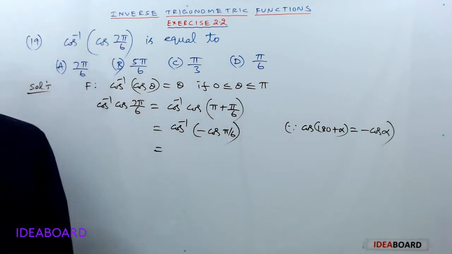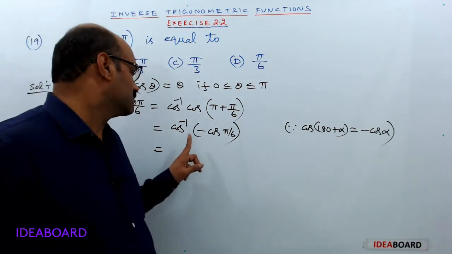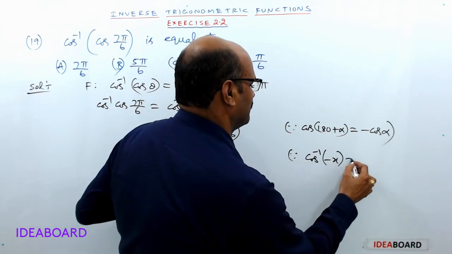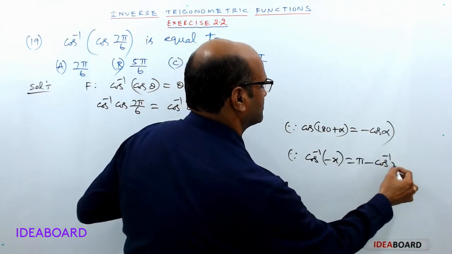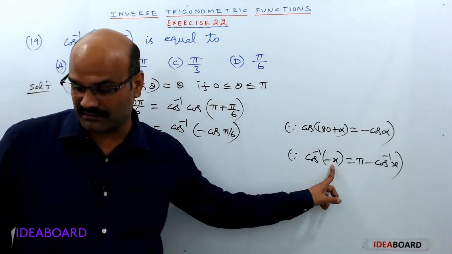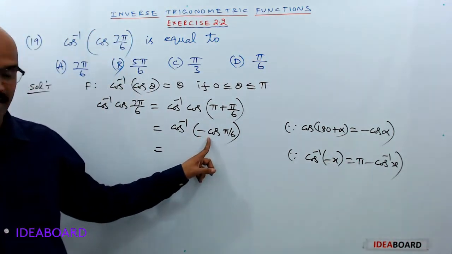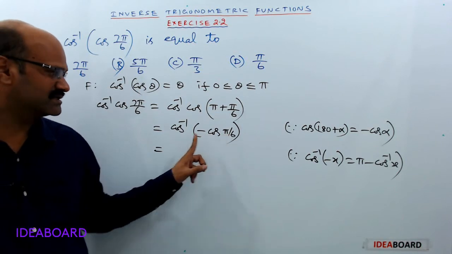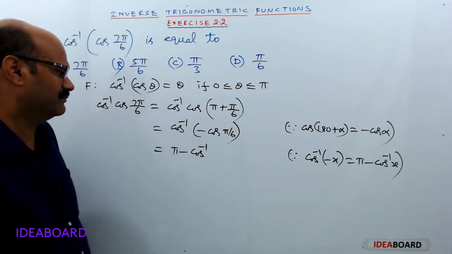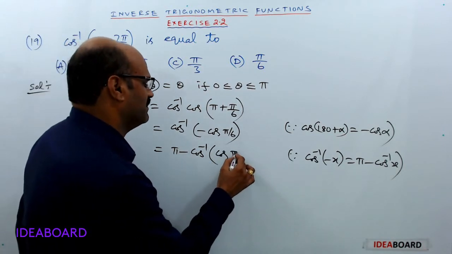Now cos inverse of minus x is always equal to pi minus cos inverse of x. By using this formula, this can be written as, here x equal to cos pi by 6, pi minus cos inverse of cos pi by 6.